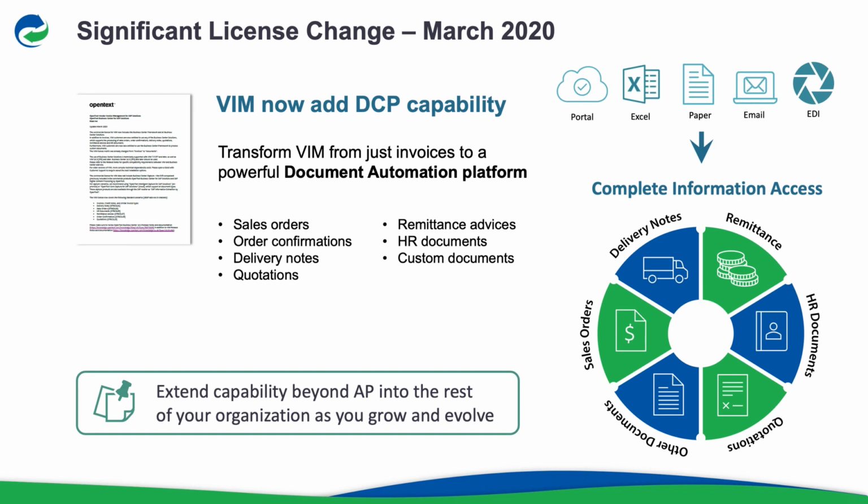So in addition to invoices, you would then basically be able to process incoming orders as sales orders, remittance advices sent by customers, converting delivery notes to goods receipts, and other documents, as you can see in this list.